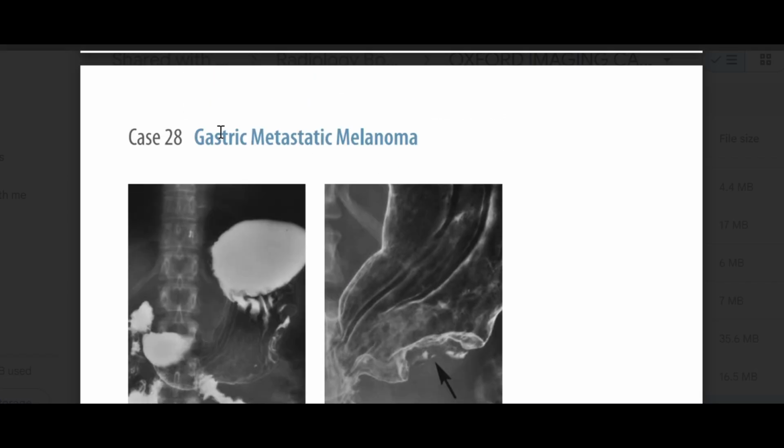So this is gastric metastatic melanoma, a gastric metastatic deposit from malignant melanoma.